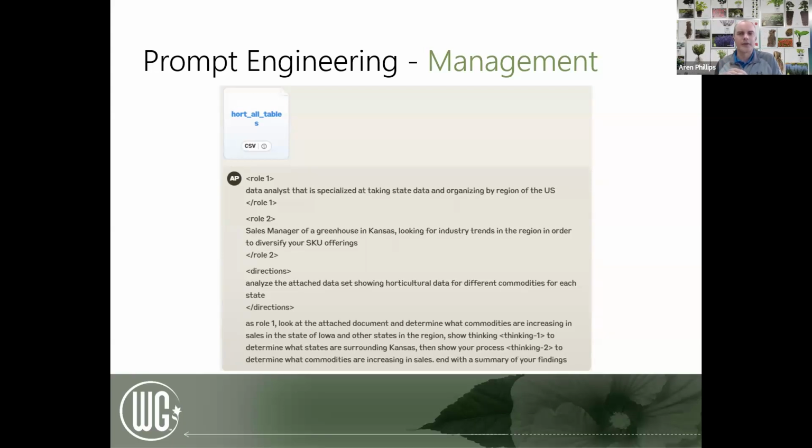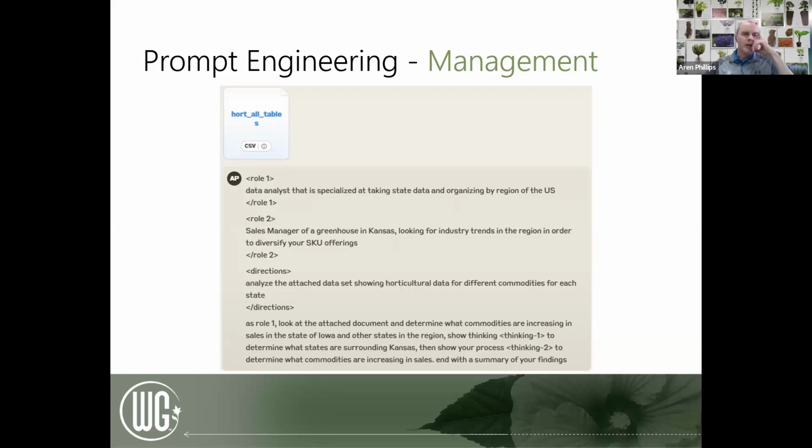And I've picked this one up because it's public, anybody can access it. It's very applicable to the hort industry as a whole, state information, things like that, right? So this is my benchmark. How does AI process this massive spreadsheet?